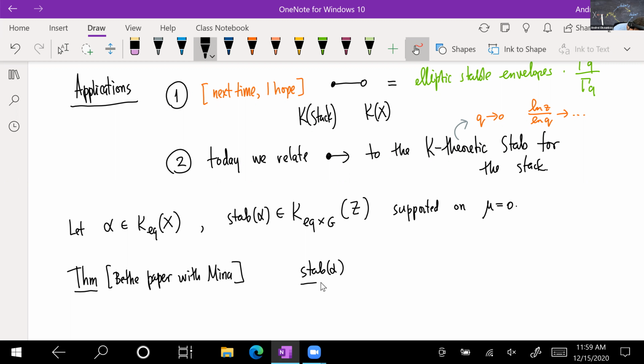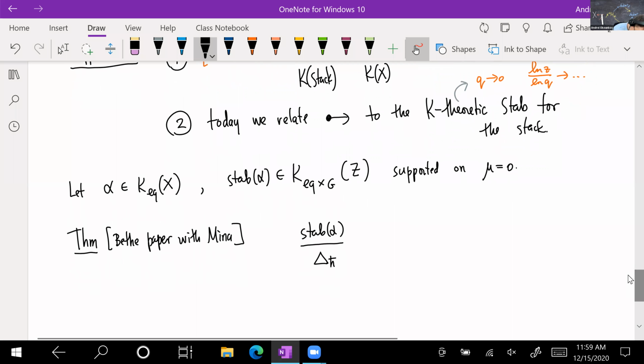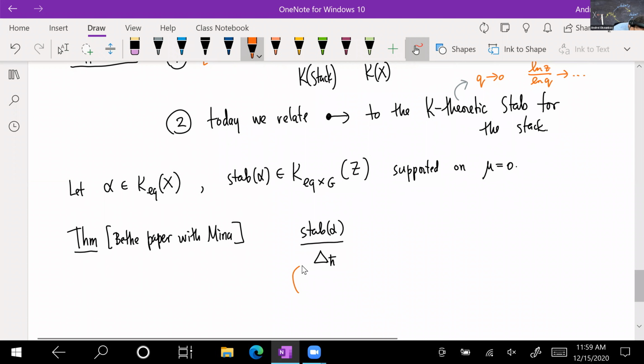So then what I will do is I'll take this stable envelope of alpha and I divide it by the weight, and I'll explain what it means to divide two classes.